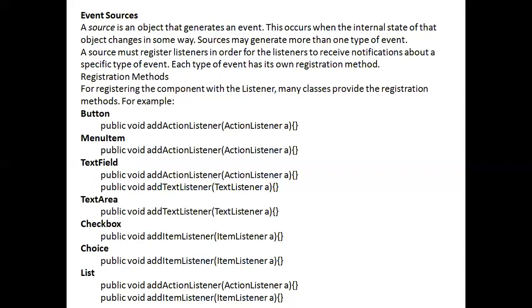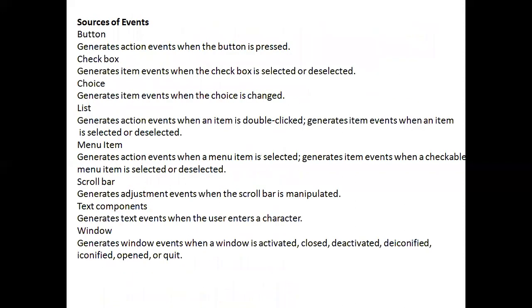Sources of events: the button generates action events when the button is pressed. When the button is pressed, the action event is generated, and that event is registered with the listener interface. Next is the checkbox.